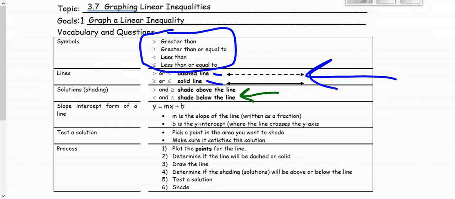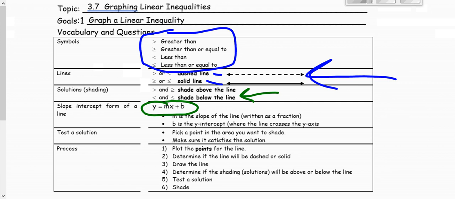Inequalities have multiple answers. In fact, they usually have an infinite number of solutions. So instead of just naming all of them, we are going to shade the area where all of those solutions exist. Now, usually you want your inequalities to be in slope-intercept form.